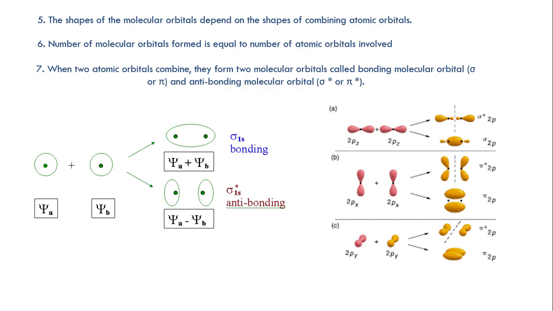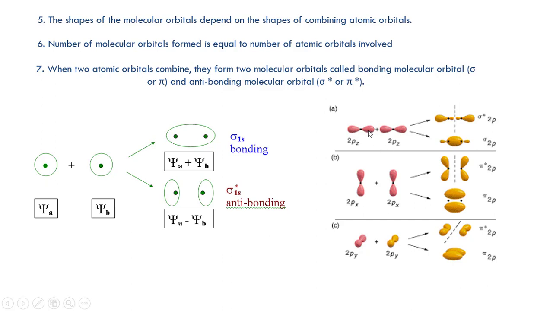So the horizontal combination of the p orbitals always gives sigma bonds only, and vertical and slant overlapping give the pi orbitals. This is a very important point: vertical and slant combination give the pi bonds, and horizontal overlapping gives the sigma bond.